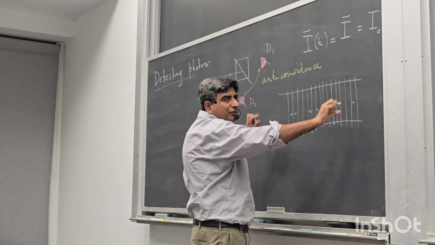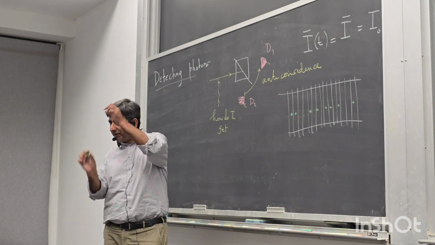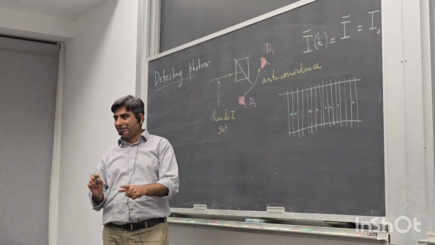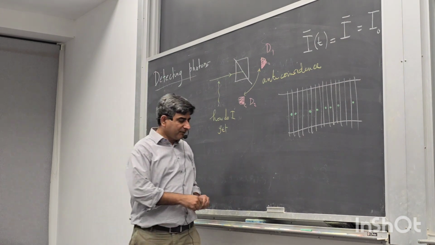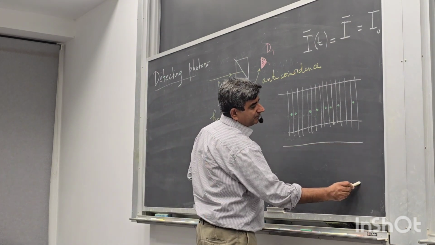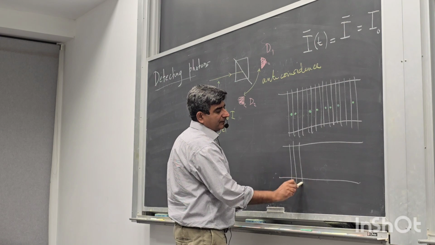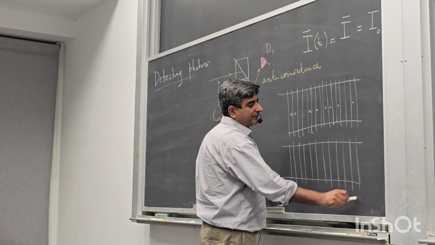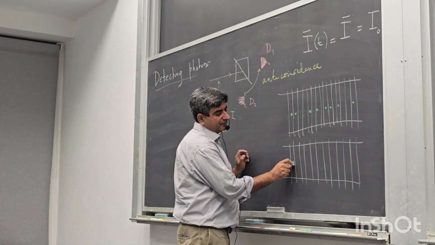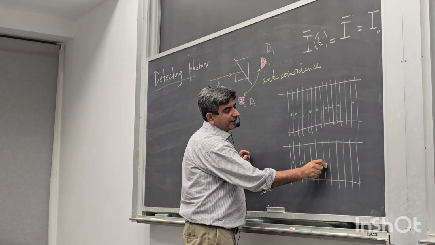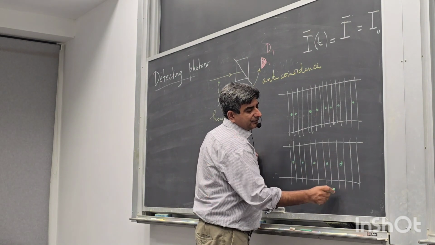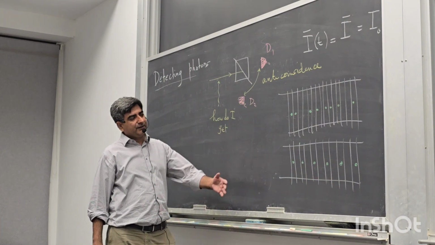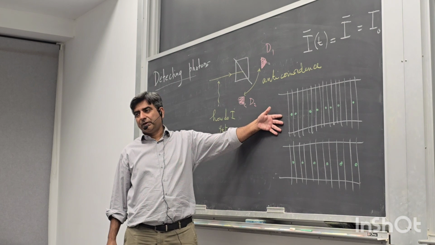The distribution of the occupancy of these time bins is Poissonian. It's not regular, it's Poissonian. If you have a number state, in fact, if you had a single photon state, only then you would have a regular distribution of photons, or any number state, by the way. So this is sub-Poissonian, this is Poissonian.